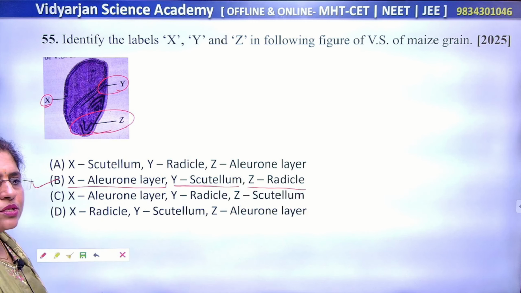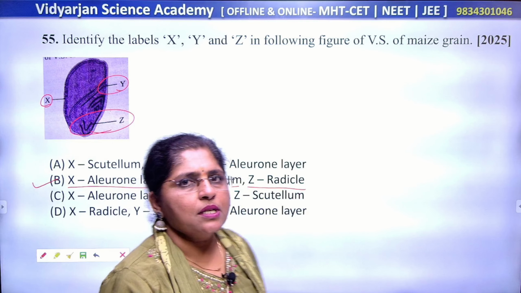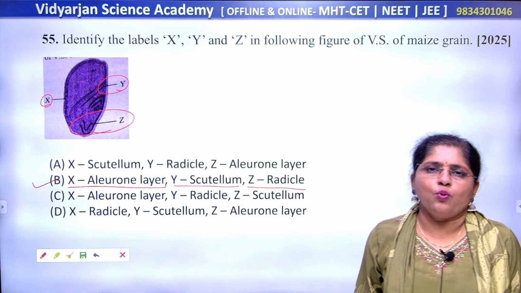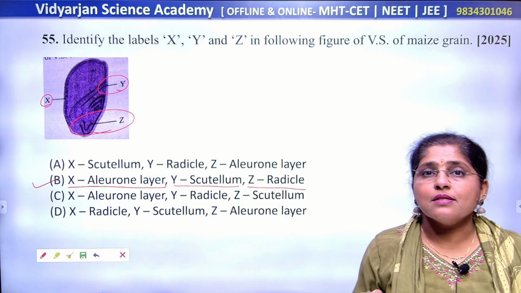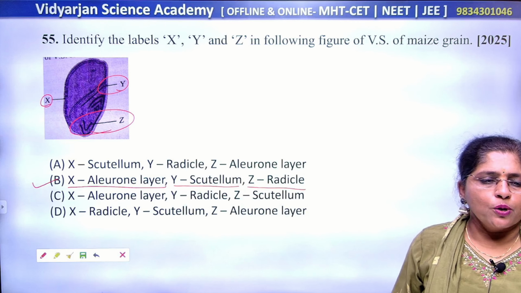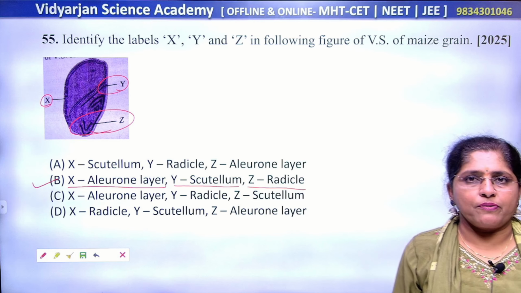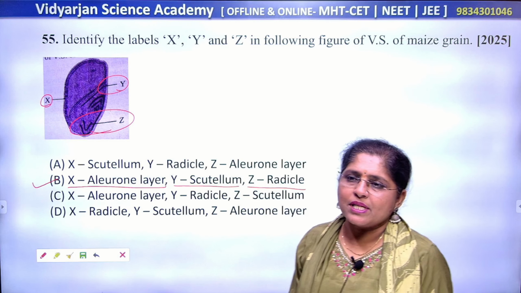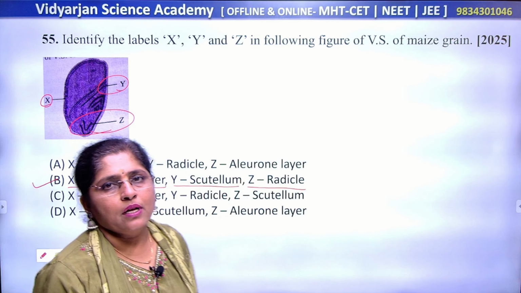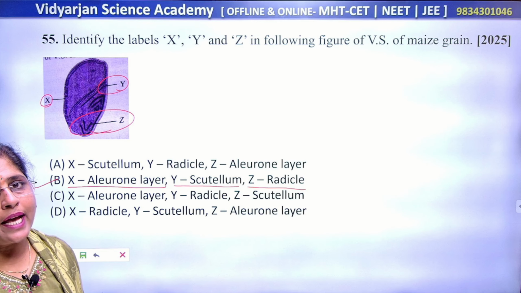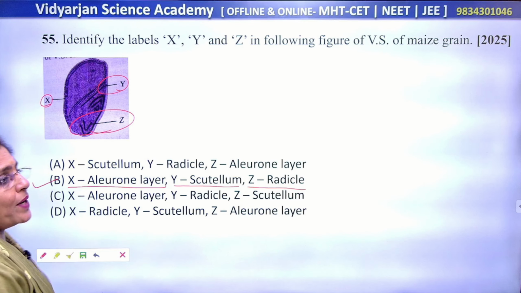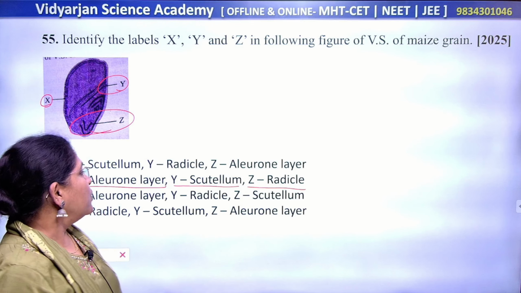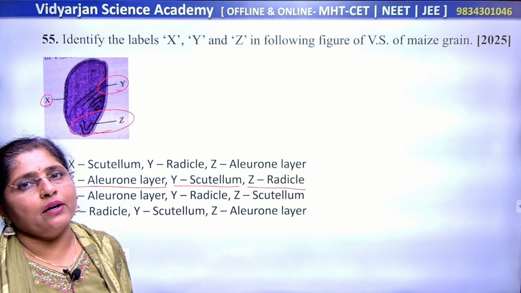Note down the changes, students. What is X, what is Y, and what is Z. Got it? So you should do all the diagrams very, very perfectly. Diagram based questions are very, very important. All the labels for all the diagrams, you should be able to do perfectly. Got it? So for question number 55, B is the correct answer.